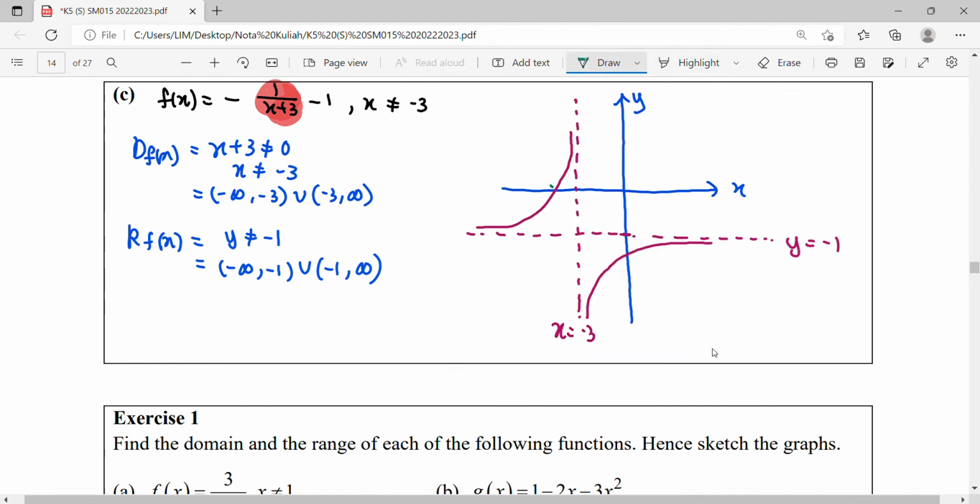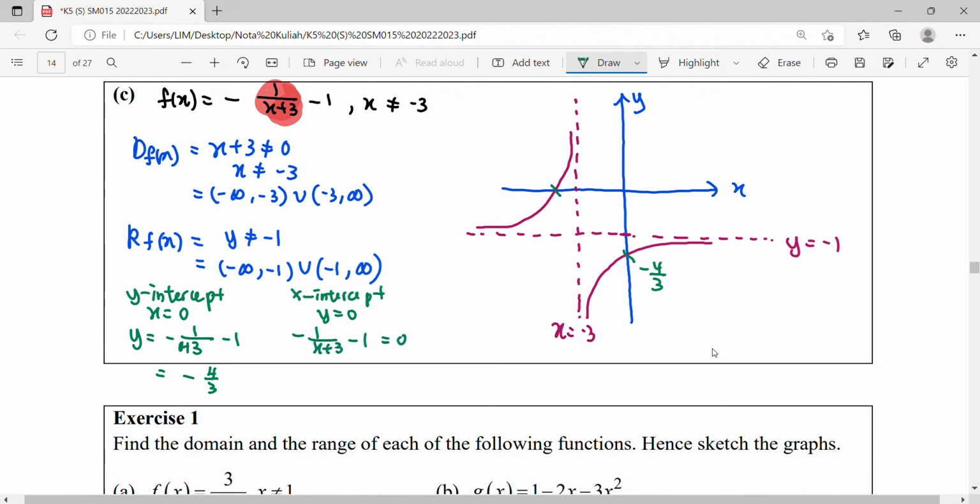We find out what is our x-intercept, what is our y-intercept. Y-intercept where x equals to 0. Negative 4 over 3. X-intercept where y equals to 0.